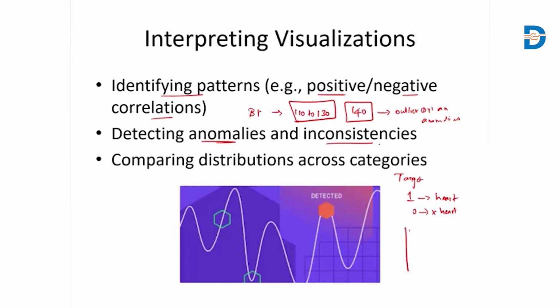When you are plotting cholesterol level with respect to the 2 different categories, let's say you are visualizing a bar graph for the people who have heart disease and who do not, you will come to a conclusion about the mean value of the cholesterol levels in the 2 different categories. So we'll be comparing distributions across the entire table.